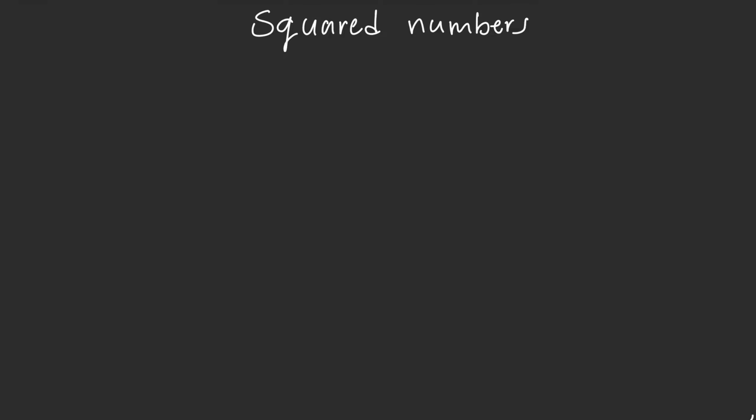It's a number that has two factors, which are the same number. For example, 9 is a squared number because it has two factors, 3 times 3.